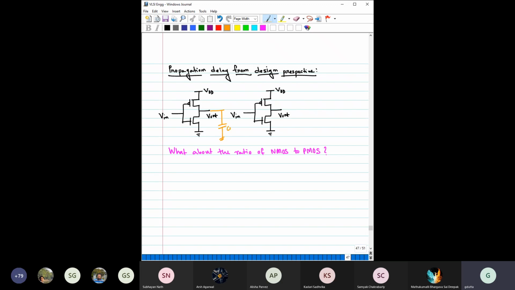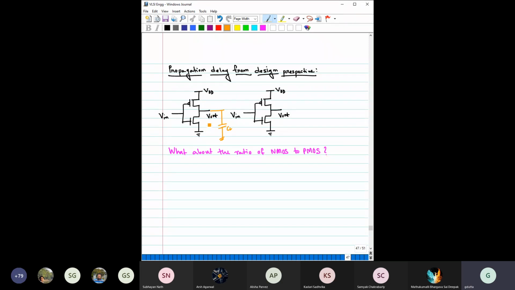This CL is not changing for charging and discharging. The only thing that is changing is the transistor. So during charging it will be the resistance of this PMOS, and during discharging this would be the resistance of this NMOS.